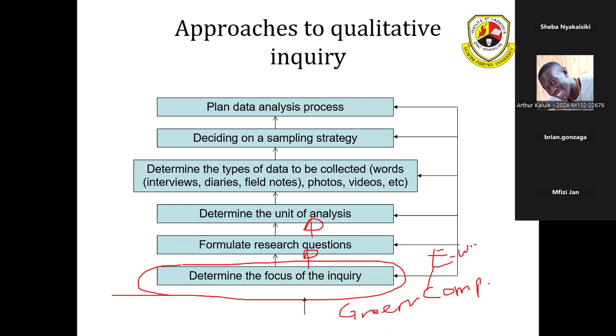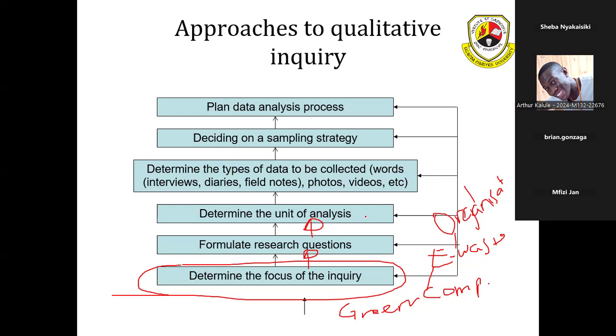E-waste in an organizational setting. And then when she did her literature review, maybe she found that there were so many things as far as e-waste was concerned. Then she said, let me specifically look at e-waste in an organization. And then I look specifically at e-waste management within an organizational setting.